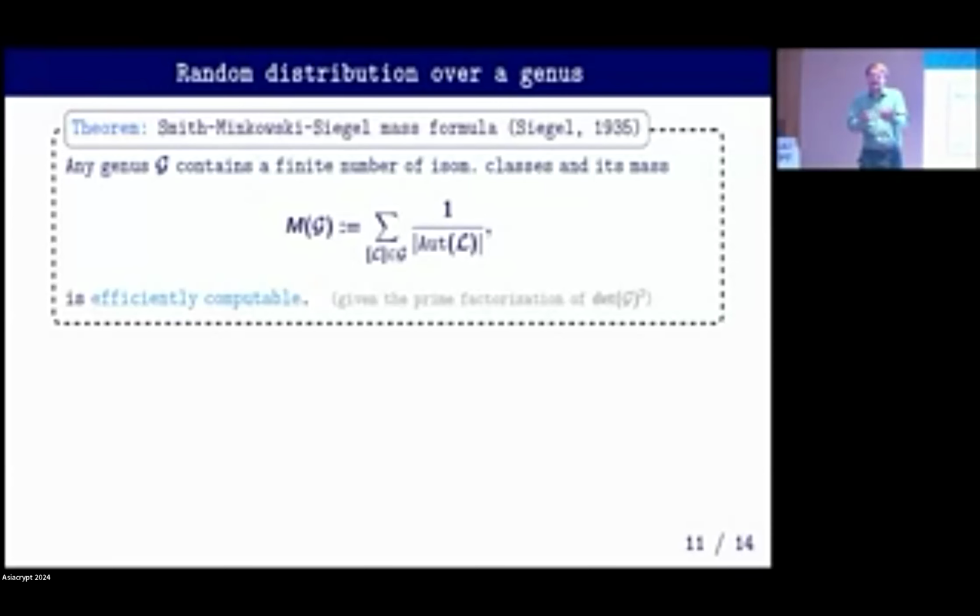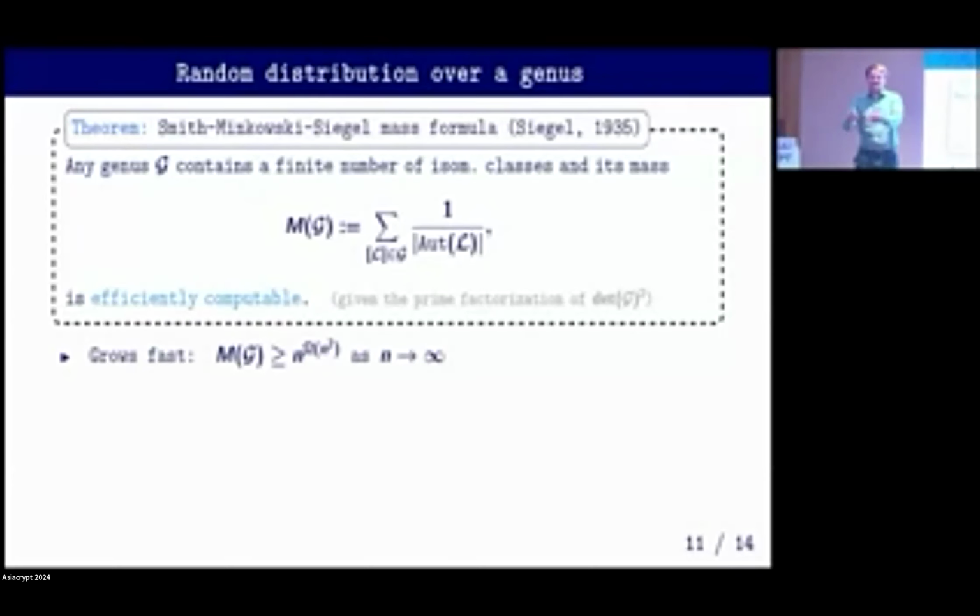It's something that is efficiently computable, which to me is quite surprising. Using these formulas, we can also see that this mass actually grows very quickly in the dimension. So in some sense, the genus, all these p-adic equivalences, sounds very restricting, but it seems that there are still an enormous number of lattices that fall into the same genus.